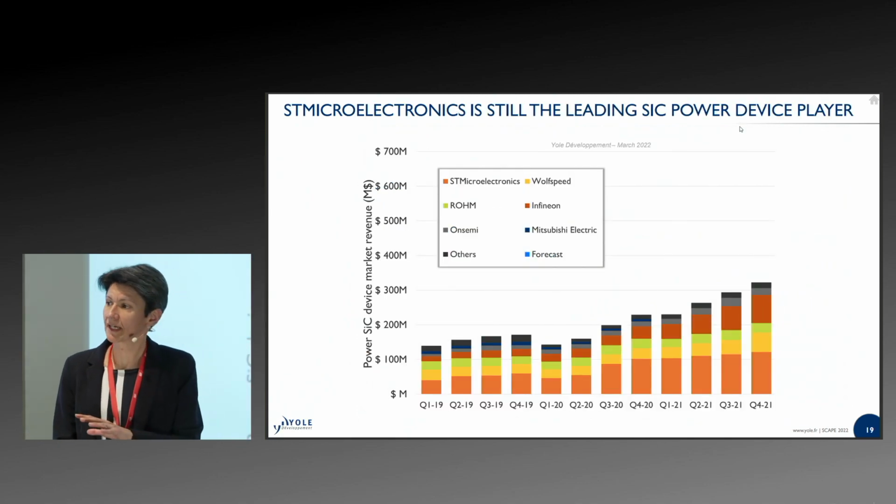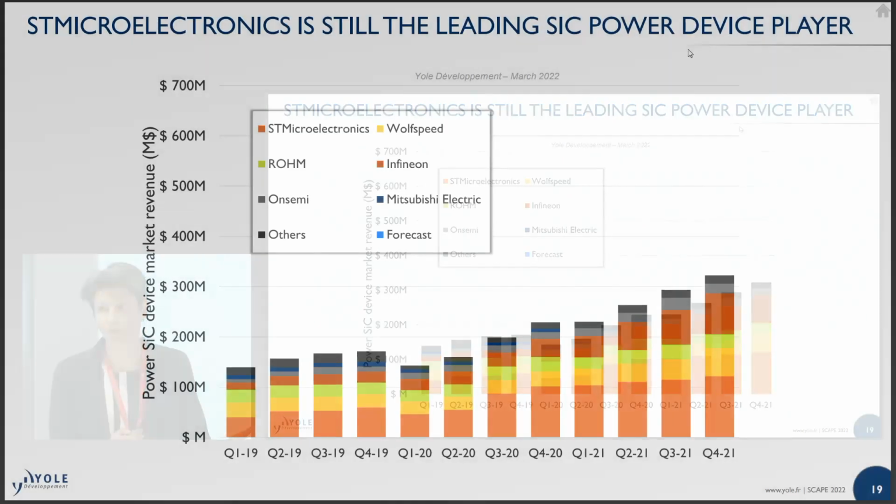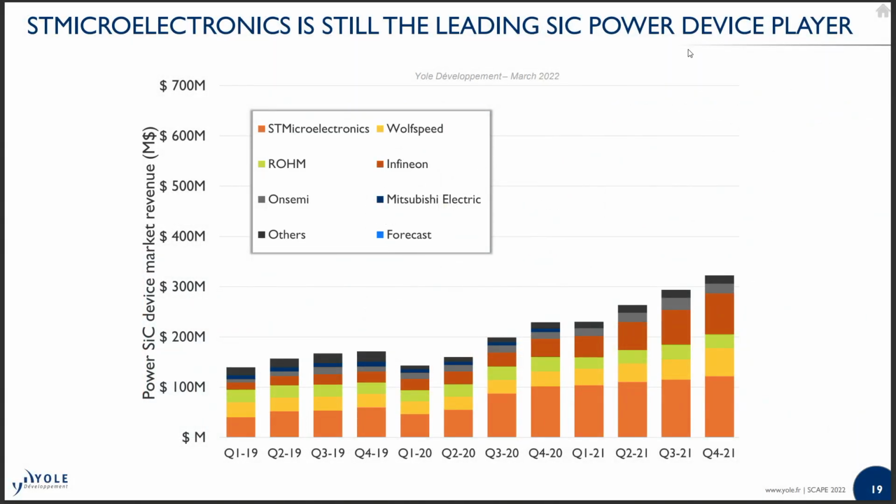Okay, now if we look again at the market share, who are the players, who's active? Today ST is taking most of the major share thanks to the design win with Tesla, and that's something we're continuing, also addressing BYD's needs. We're seeing also progress from Wolfspeed, of course, also active in some of these industrial but also automotive applications.